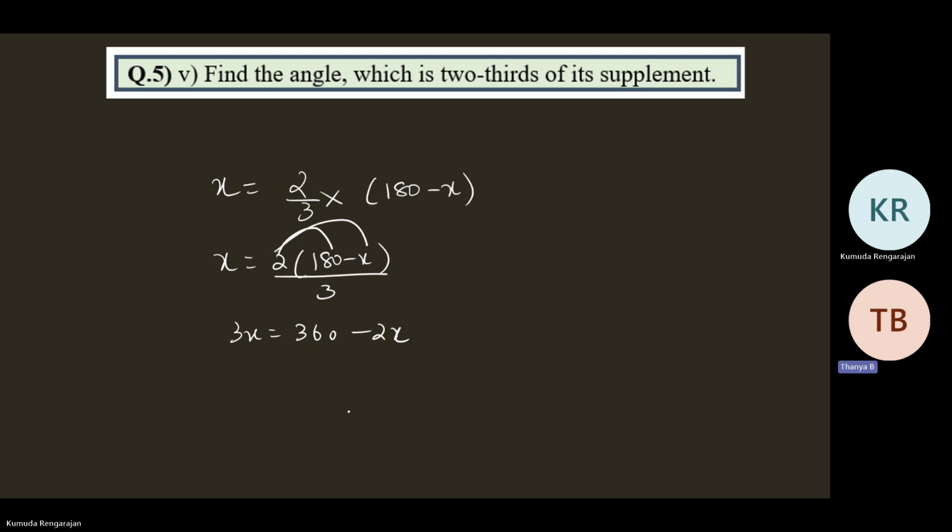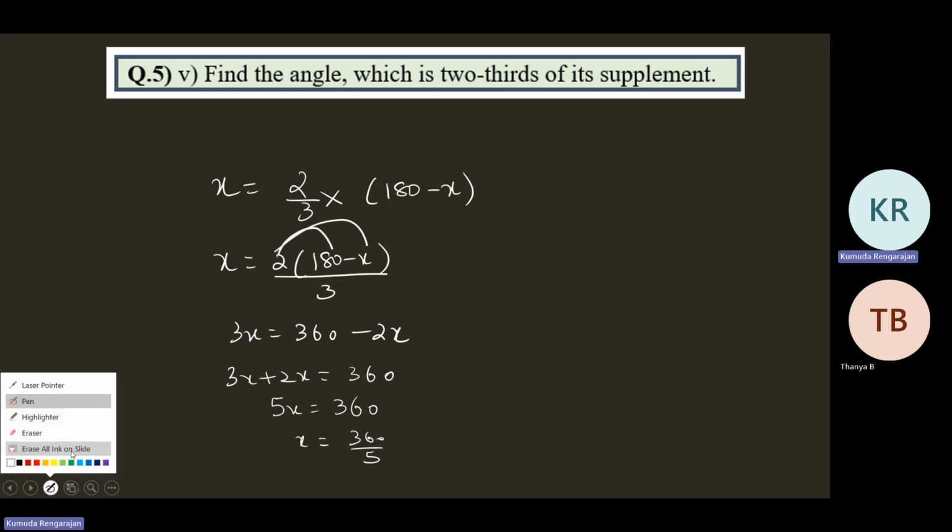Now I have to move the x to the other side, and which becomes 4x, because if we add 1x plus 3x, 3x plus 2x, no? Yes, 5x, I'm right? Sorry, yes. So x is equal to 360 divided by 5. Very good.